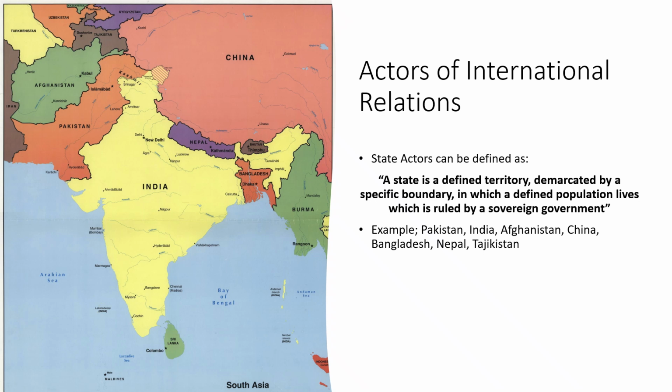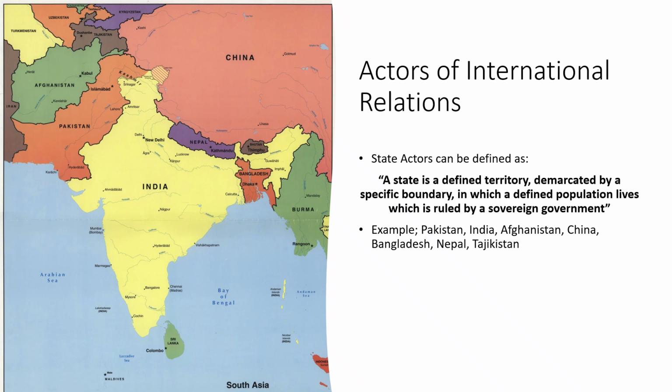A very simple definition of a state actor. These are the attributes of a state: a defined territory demarcated by a specific boundary, a defined population living in the state, and this population is ruled by a sovereign government. These are all the attributes of a state.